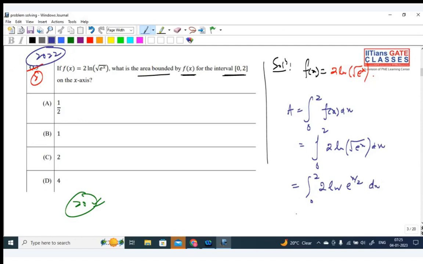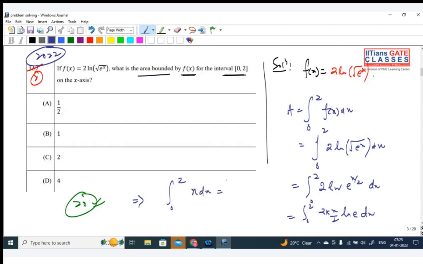And then you can take this 2 up, so 0 to 2 ln e raised to power, and you can take this x by 2 down also, no problem. So this is 2 into x by 2 ln e dx. This 2 and 2 get cancelled, so it became simple, that is integral from 0 to 2 of x dx.